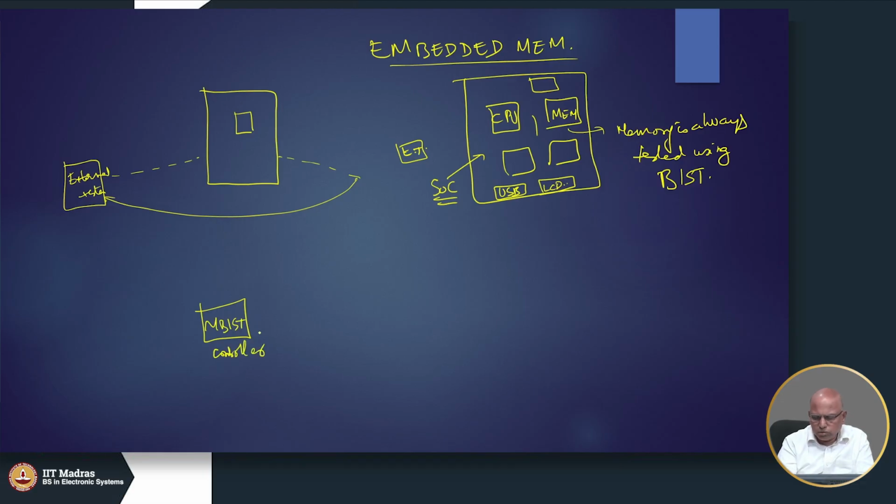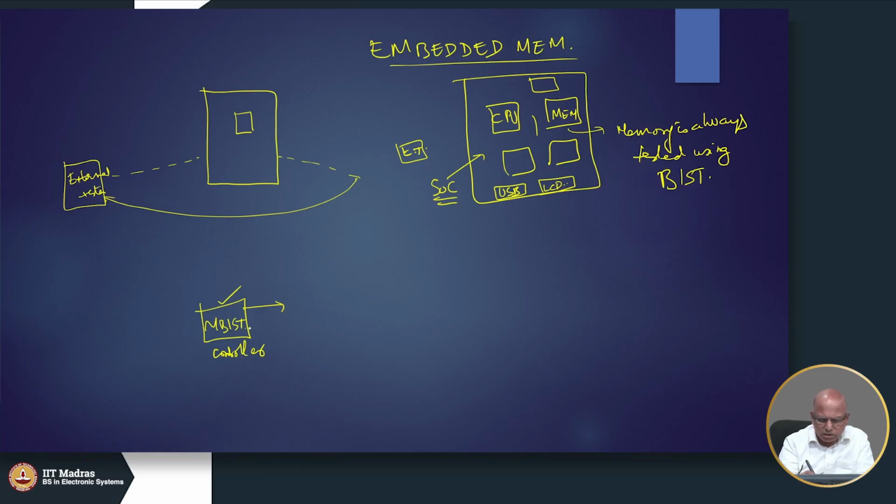That memory BIST controller will generate the addresses according to the March algorithm. So it knows that initially it has to go from 0 to n minus 1, then it will go from n minus 1 down to 0. That this memory BIST controller knows.